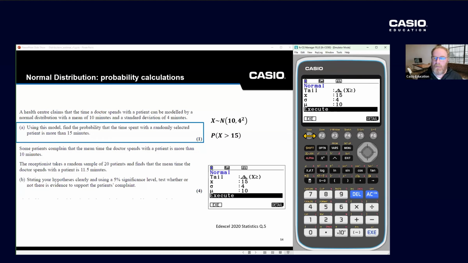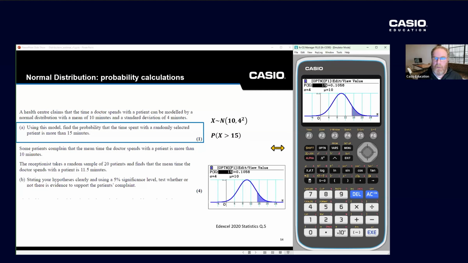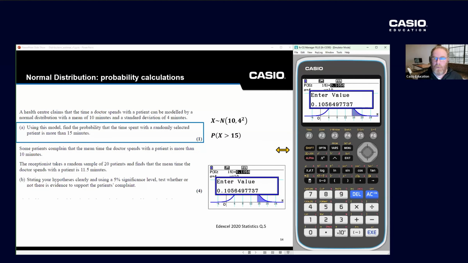And then when you calculate, you get your graph as you would expect. The shaded region shows you the relative probabilities. And we're given a probability of just over 10%. Again, you can interrogate that if you want to make some rounding decisions.